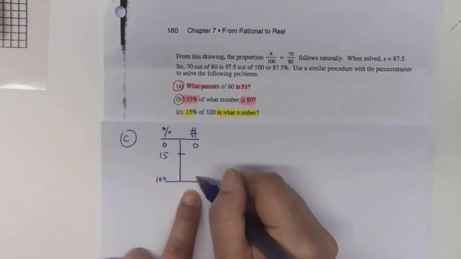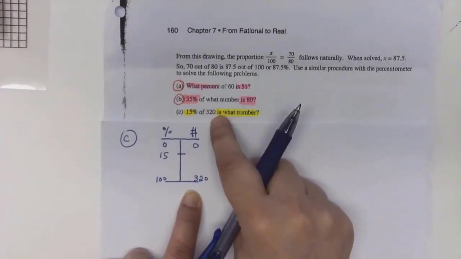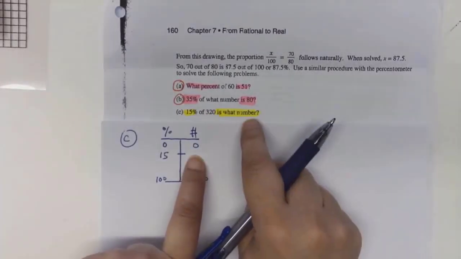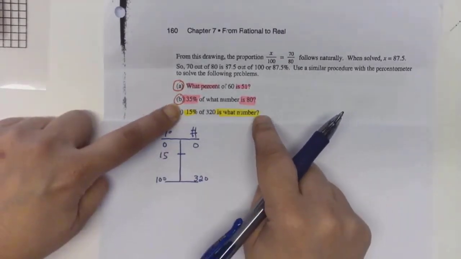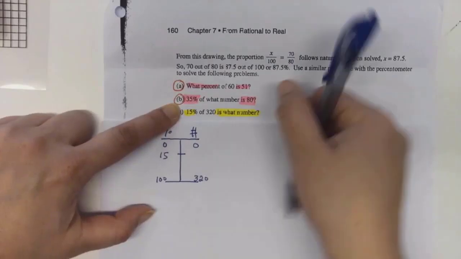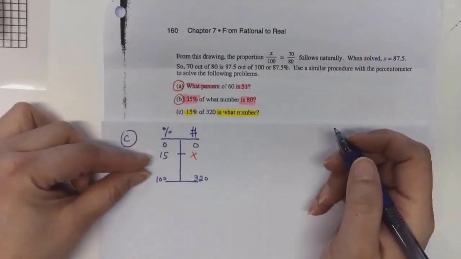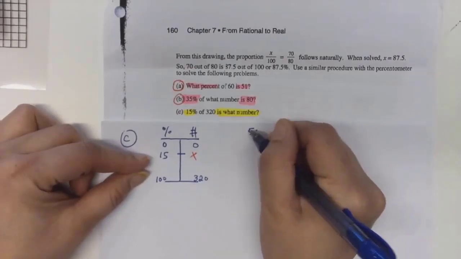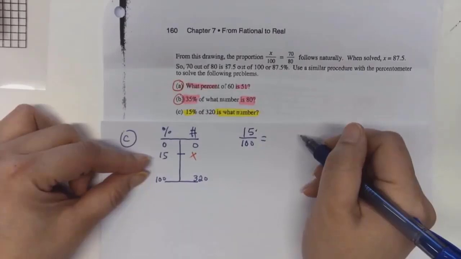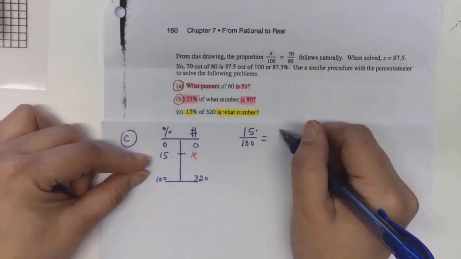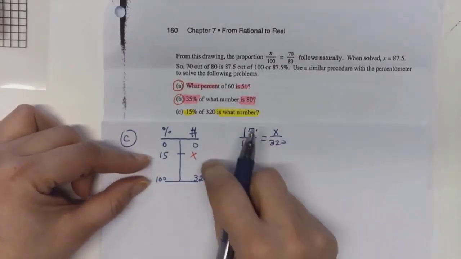And then that would be 320, because 15% is some number of this 320, right? So 15% is what number? So we don't know this, and we put x there. When you try to set it up, we will do what? 15 over 100 on the left-hand side equal to x over 320, right? Just like how this is set up here.